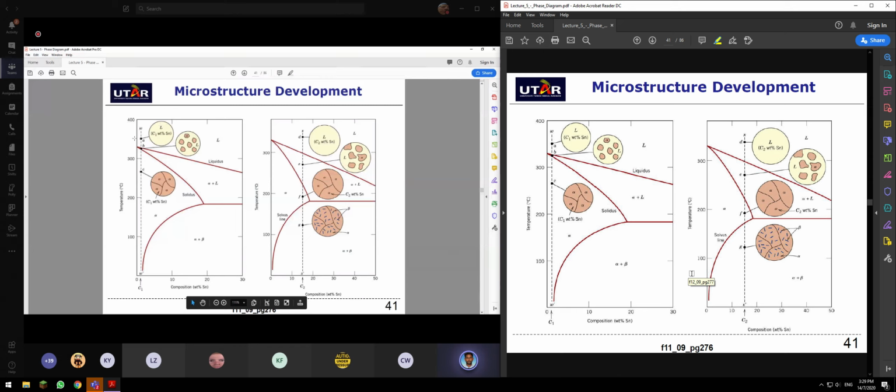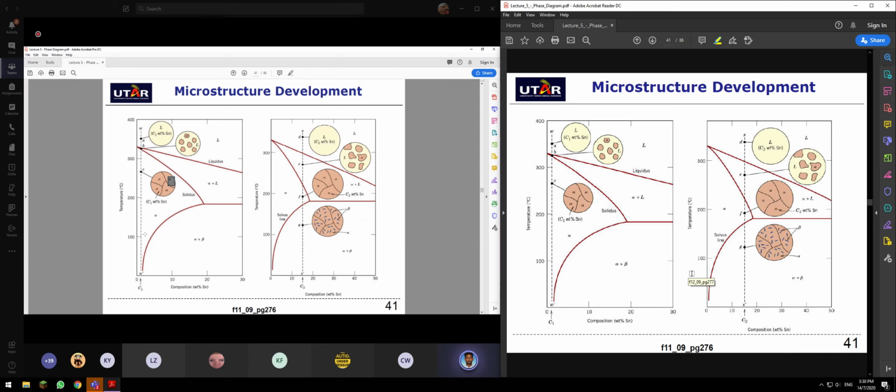Once I cool down from this temperature, let's say 350 degrees Celsius to 320 degrees Celsius, it touches a region of alpha, which is rich in, let's say, lead. So you have alpha particles being grown, and there is still liquid composition, which is depicted in yellow over here. This is all liquid. As it cools down further, it becomes pure solid, where you have grain boundaries between alpha grains.